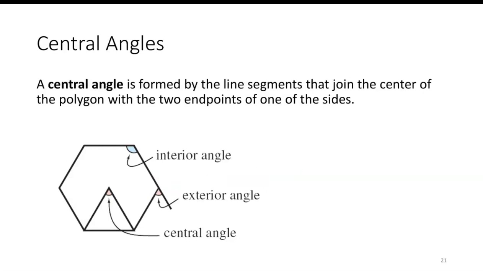A central angle is formed by the line segments that join the center of a polygon with the two endpoints of one of the sides. So basically we go from the center and draw lines to the two adjacent corners. And then that angle between them is the central angle.